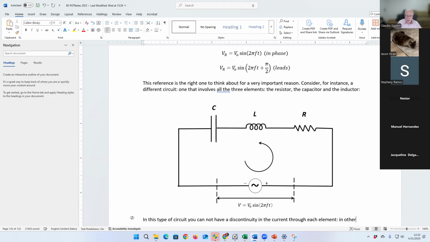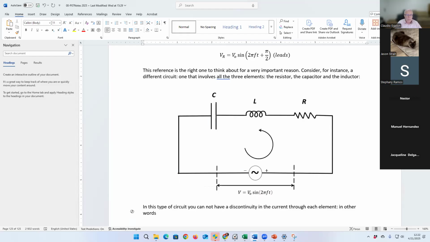In other words, the phase of the current through the resistor must be the same through the inductor and the capacitor, okay?